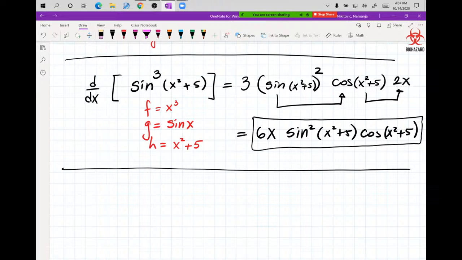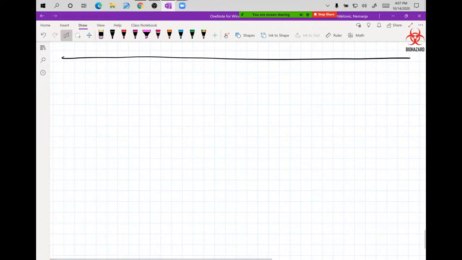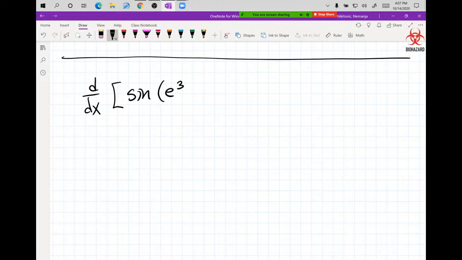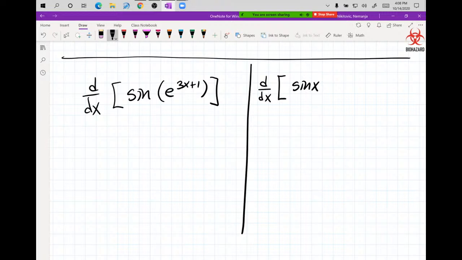Great question. Now I need to talk about a skill that you all need to have to differentiate between different rules. So I'm going to have a problem that says find the derivative of sine of e to the 3x plus 1, versus find the derivative of sine x times e to the 3x plus 1.